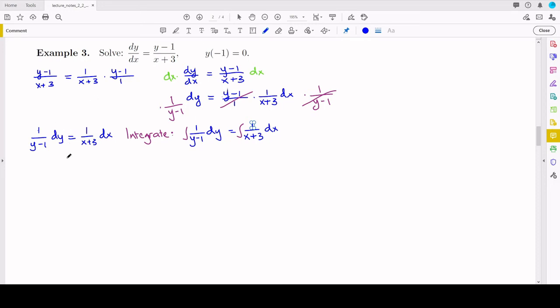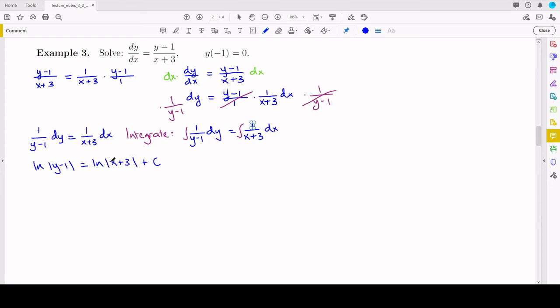On the left, when you integrate that, we get ln of the absolute value of y minus 1. And on the right, I get ln of the absolute value of x plus 3, and then there's a common constant of integration, c.